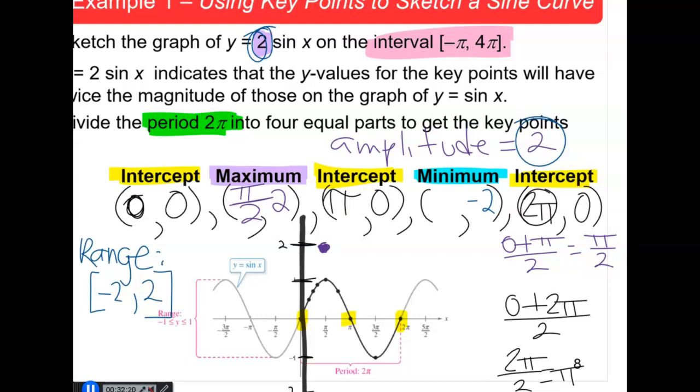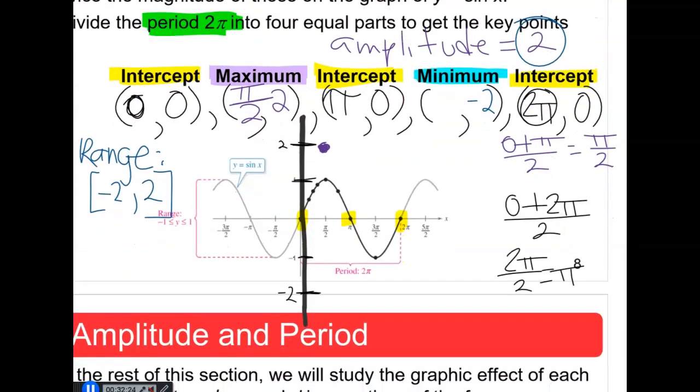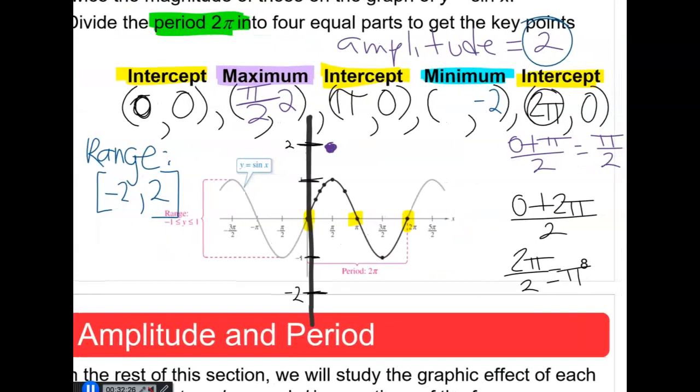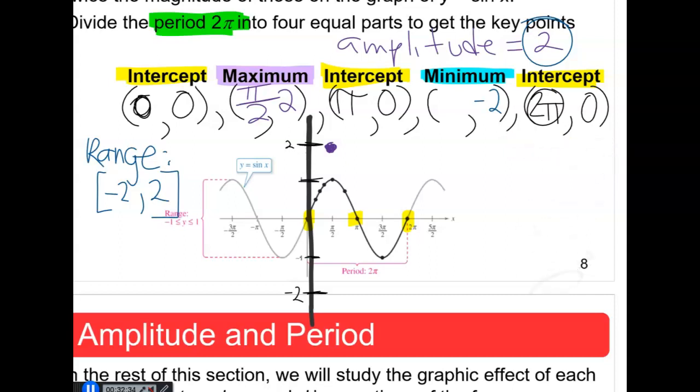So where does that happen? Well, it's going to happen exactly at the midpoint of the second and the third x-intercept. That's how we find those midpoints. So it's going to be halfway between that intercept and that intercept. So we could say pi plus 2 pi and then divide by 2.